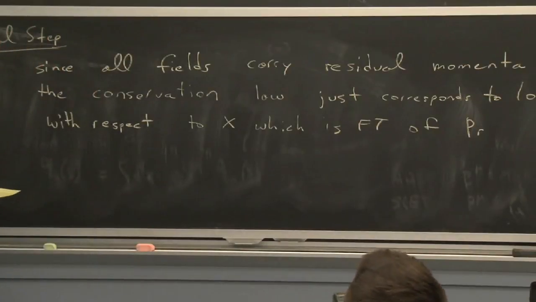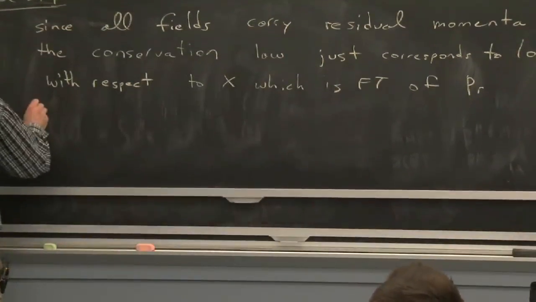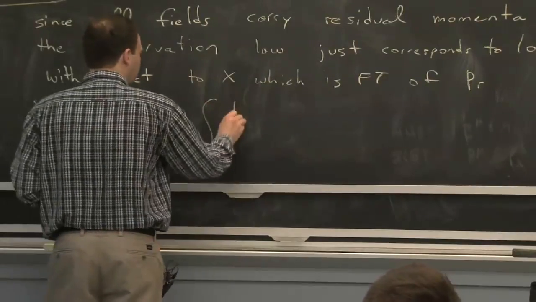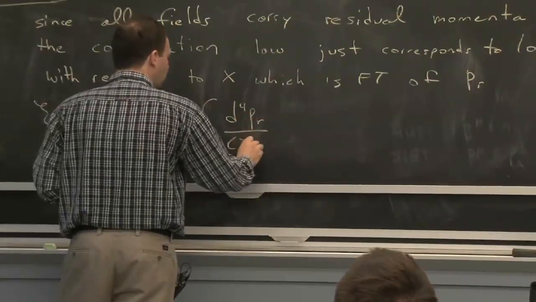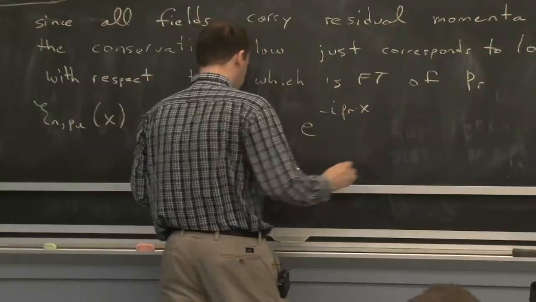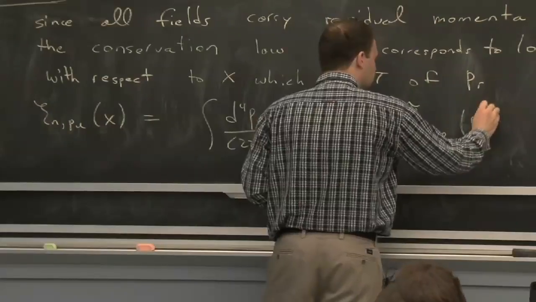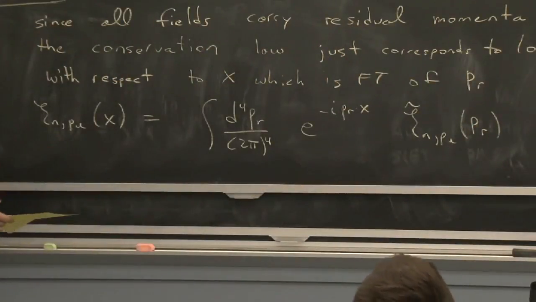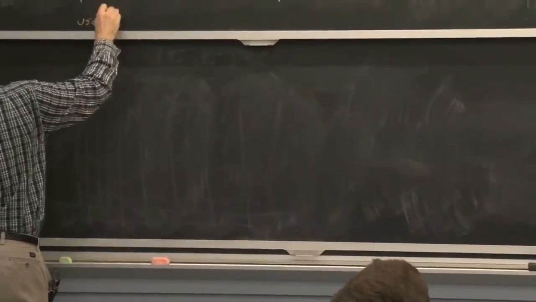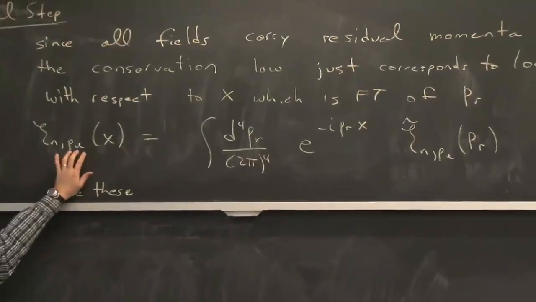Okay, so we go back to the x space, which is the Fourier transform conjugate variable to the residual momenta. So the fields we're actually going to use are these ones, where we Fourier transform back in the residual. These guys here. Okay, so it's kind of like HQET, where you think about this part in momentum space and that part in position space.